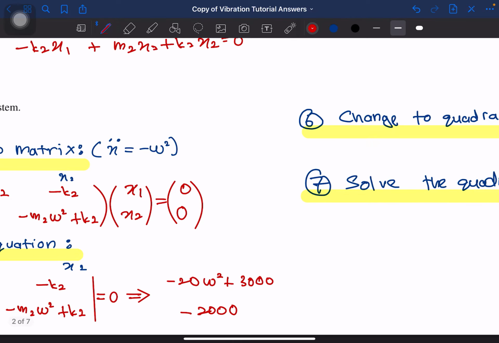Now over here also negative k2, so negative 2000. On the bottom right is negative m2 omega square, so negative 40 omega square, plus k2, which is plus 2000, and everything equals to 0.